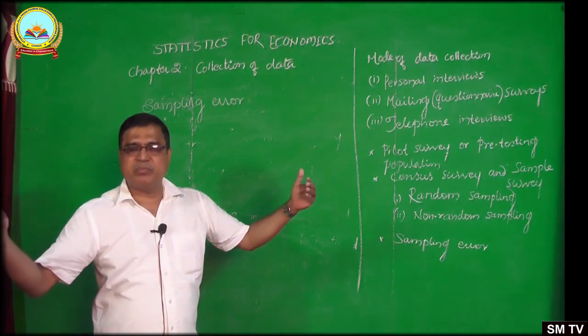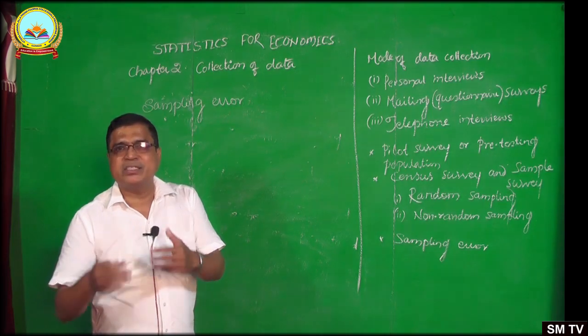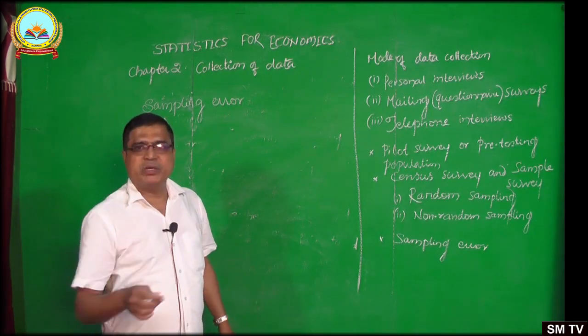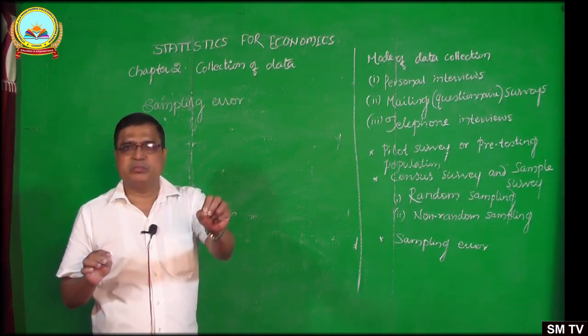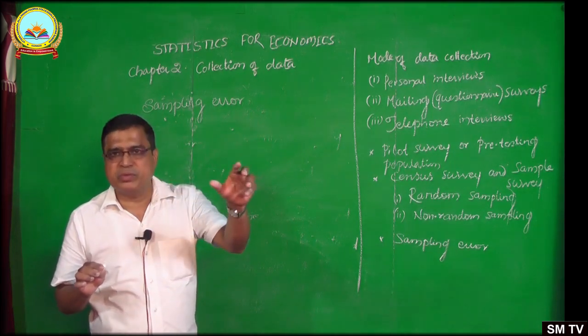If you make the sample size larger, you will have less and less sampling error. For example, they have given one good example in the textbook. Consider 5 farmers from Manipur and their income.